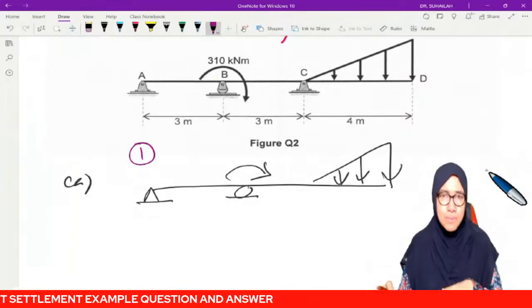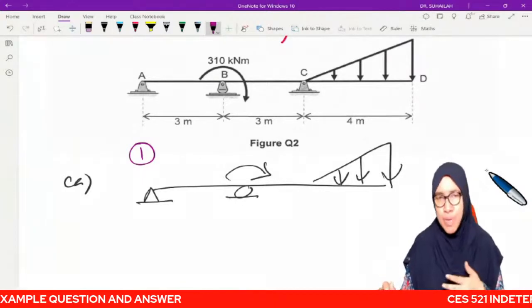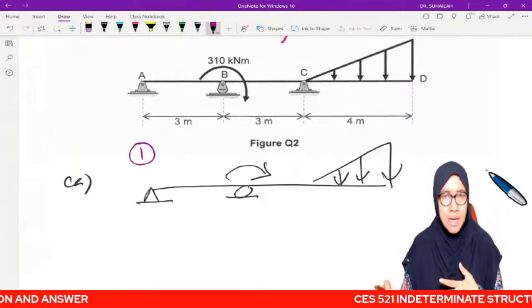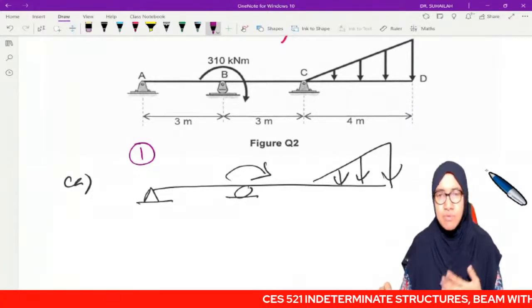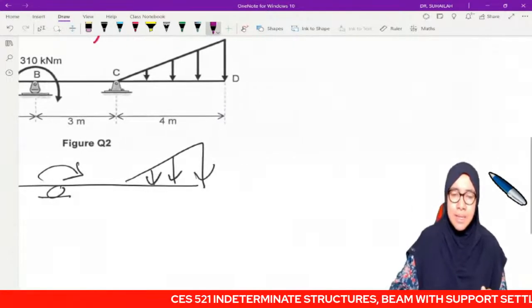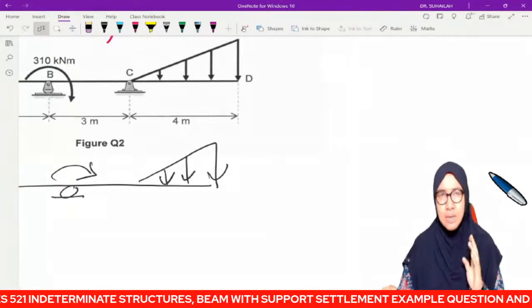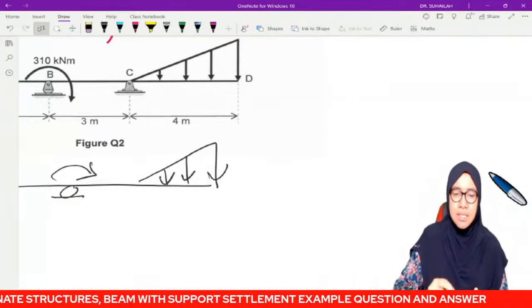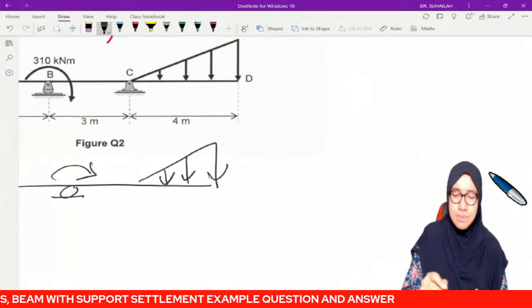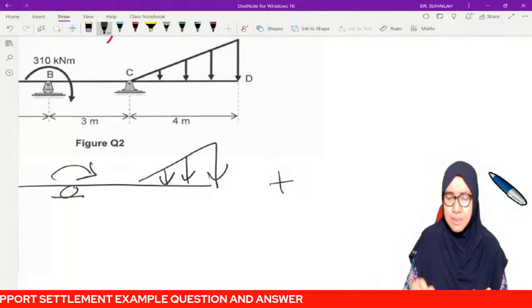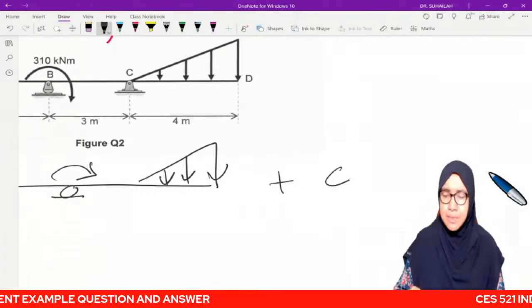For this possibility, we remove CX and CY. But when we remove CX and CY, we know that CX is equal to 0. So the redundant for this beam will be CY.